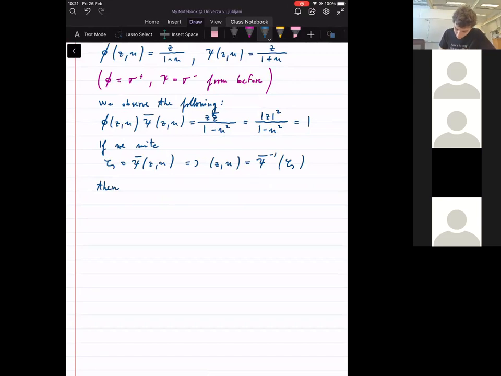Then we may write phi of psi conjugated inverse of theta times theta.